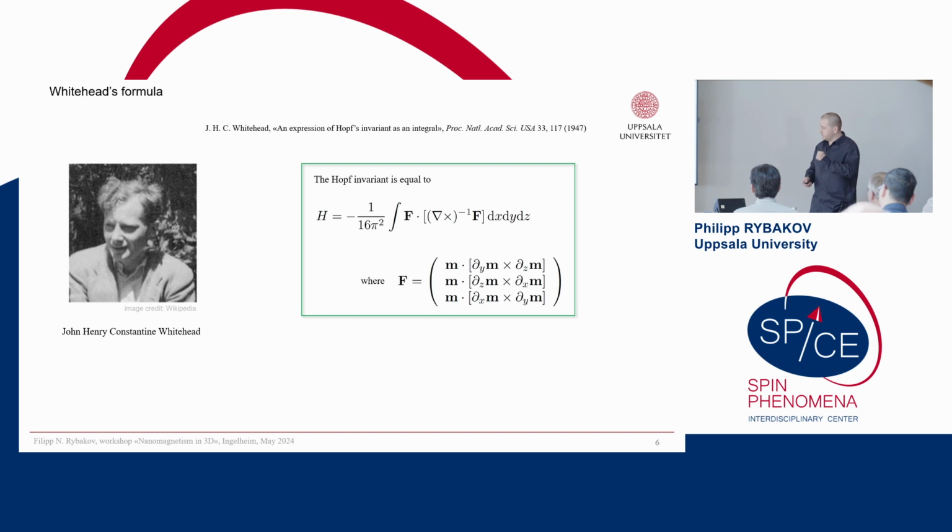But a very important thing I have to mention here is that this expression, like the expression for the topological charge of a skyrmion, for example, doesn't work the other way. What I mean is, for every texture we can compute this expression. It will give us some number.